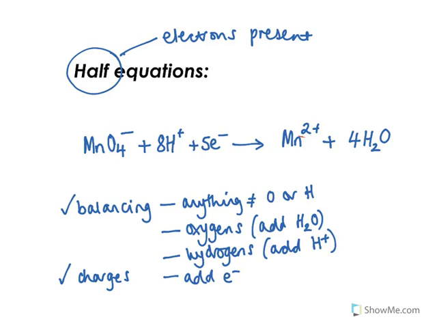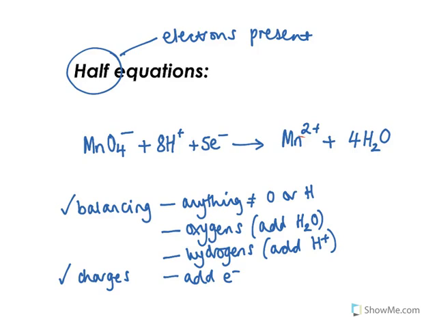Always double check: 1 Mn on the left, 1 Mn on the right. 4 oxygens on the left, 4 oxygens because of 4 waters on the right. 8 hydrogens on the left, 8 hydrogens on the right. -1 plus 8 is +7, plus 5e- is +2 altogether on the left, and +2 altogether on the right hand side.